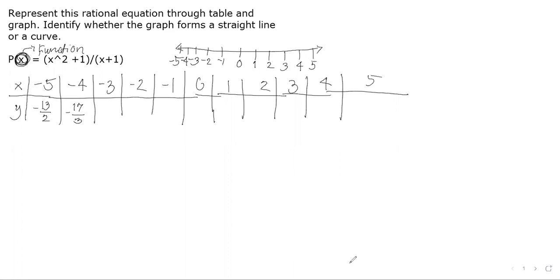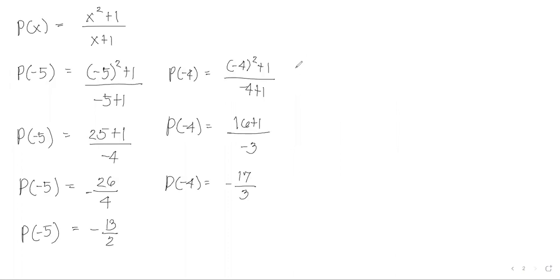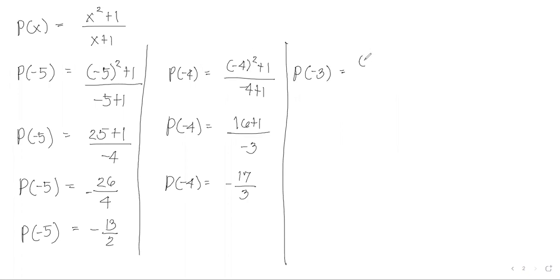Next is negative 3. Ayan, isa-isahin lang natin yan. Yun yung goal dito. Negative 3, direct substitution. Negative 3 squared plus 1 over negative 3 plus 1.